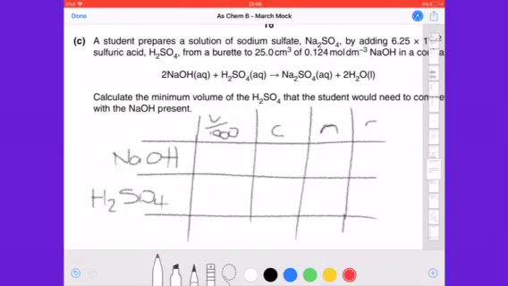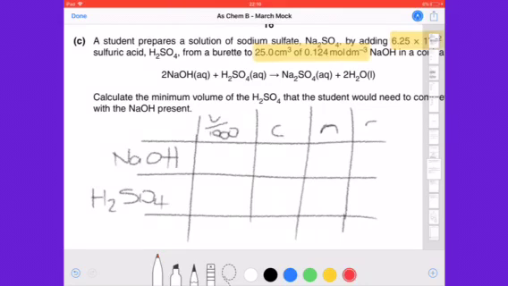From the question, if we highlight the information that we are given, we're told that 6.25 times 10 to the minus 2 moles per decimeter cubed sulfuric acid is added from a burette to 25 centimeters cubed of 0.124 moles per decimeter cubed sodium hydroxide.